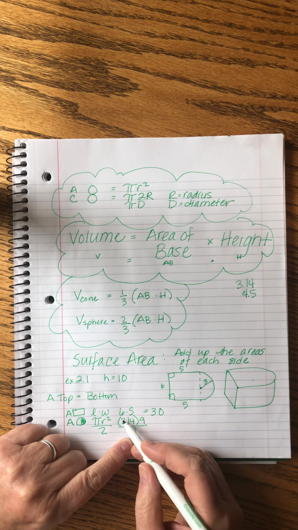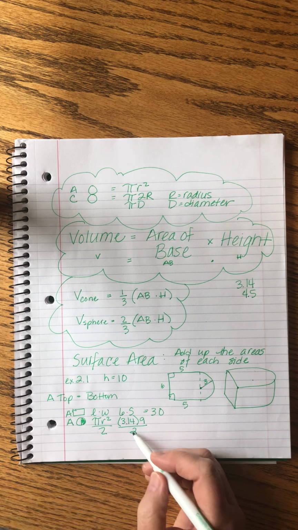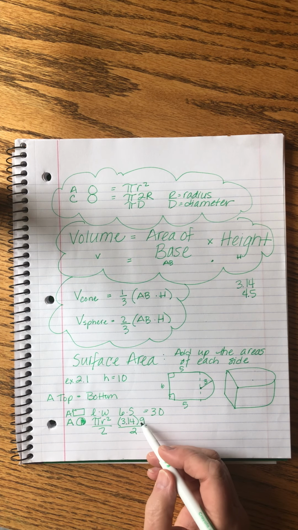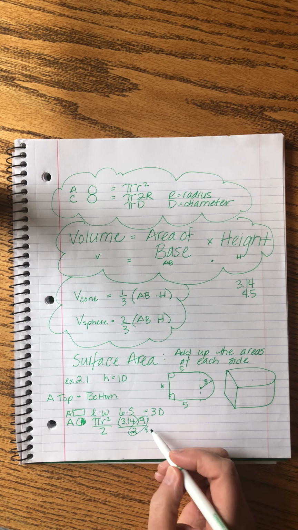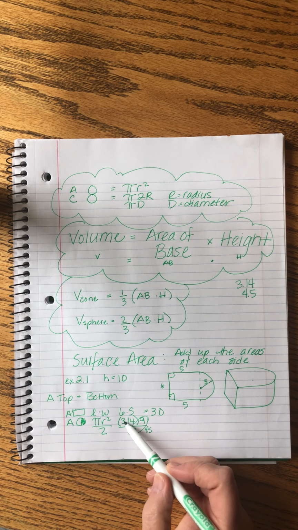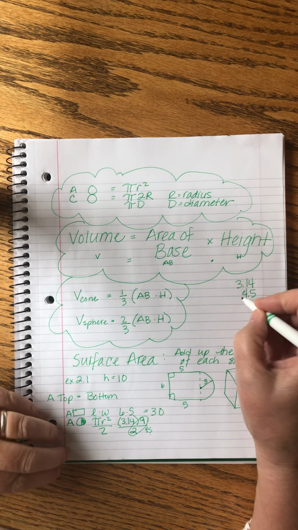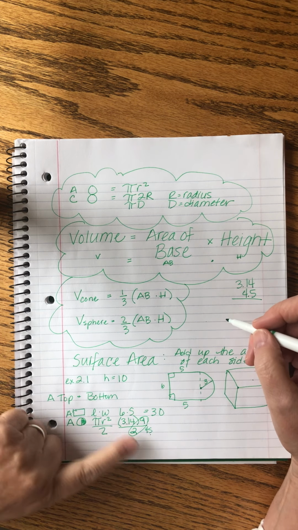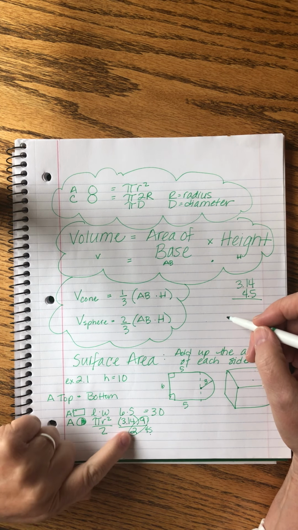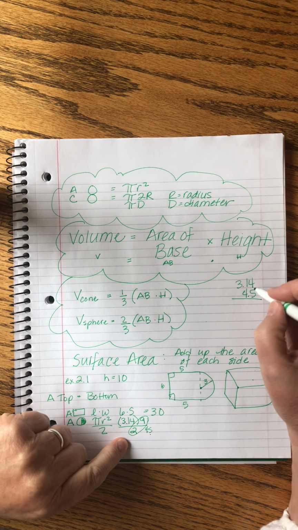I'll reduce these two to 4.5 and then do 3.14 times 4.5. And here it is. Does that make sense? You don't have to do it that way. If that just seems weird and nutty to you, by all means, do it the way you like. But let's go ahead and simplify the area of the half circle.